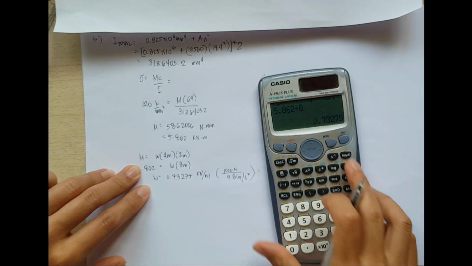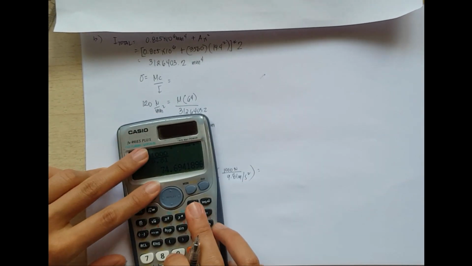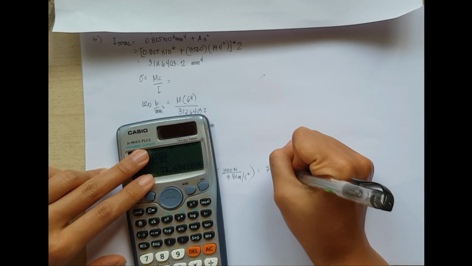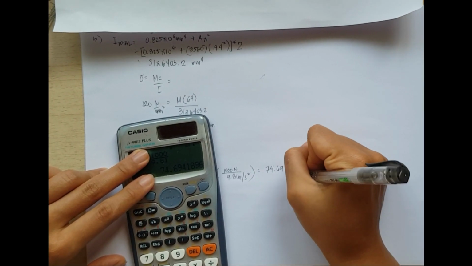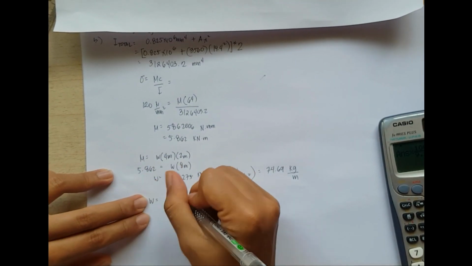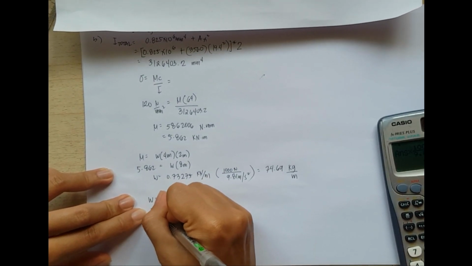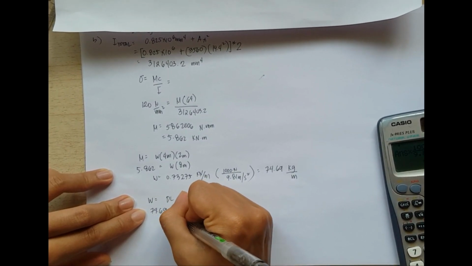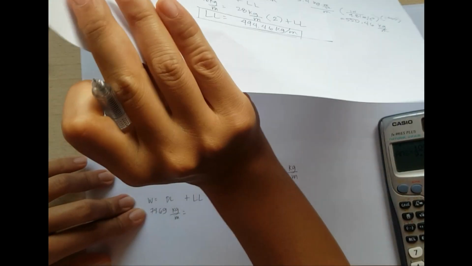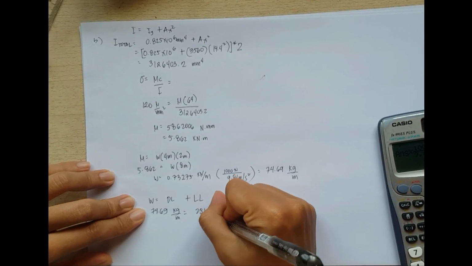So, it is equal to 74.69 kilogram per meter. So again, the total load is equal to dead load plus live load. So 74.69 kilogram per meter is equal to yung dead load natin, which is 28 kilogram per meter, plus the live load.